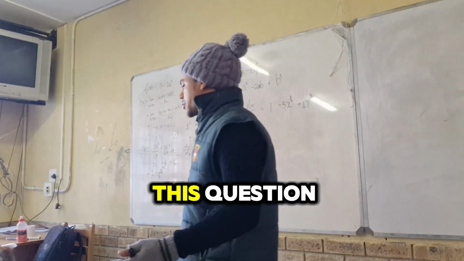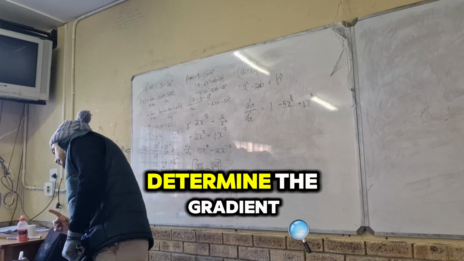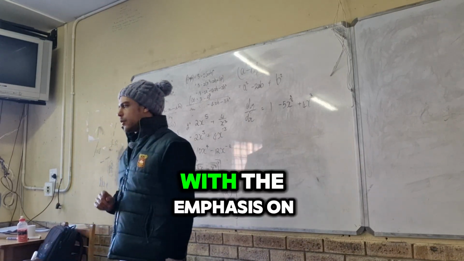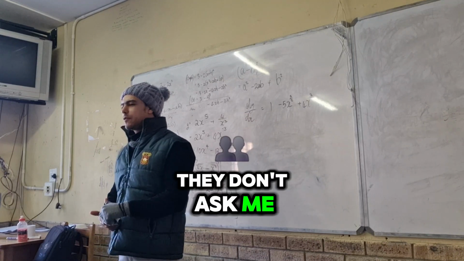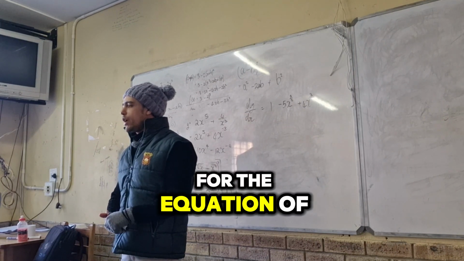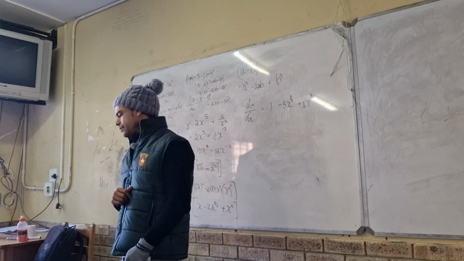I'm going to repeat this question. The first question, the important part, is to determine the gradient, with the emphasis on the gradient. They don't ask me for the equation of the line. They only ask me for the gradient.